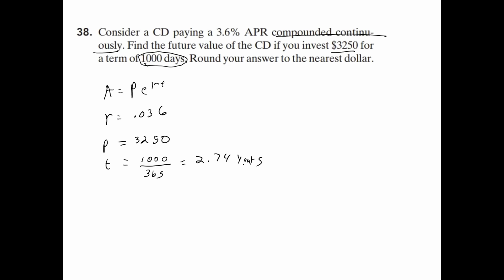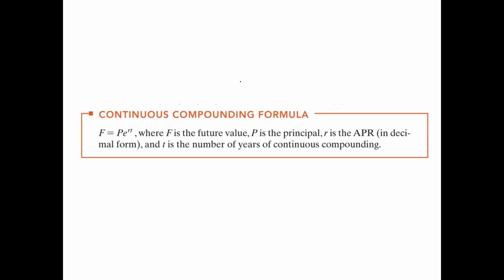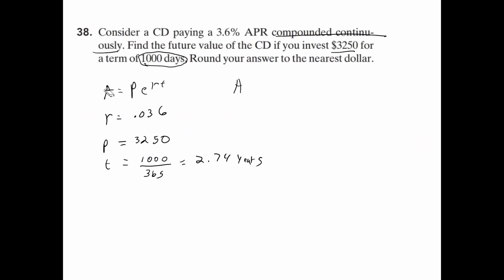And so the benefit of compounding continuously is we really didn't have to round this off at all. We could have just used the entire decimal because we don't lose any of it, right? But we'll round it off just for the sake of being able to plug it in correctly. And so now we just plug it into the formula, the new amount. Oh, I'm sorry, I used the wrong variable here.